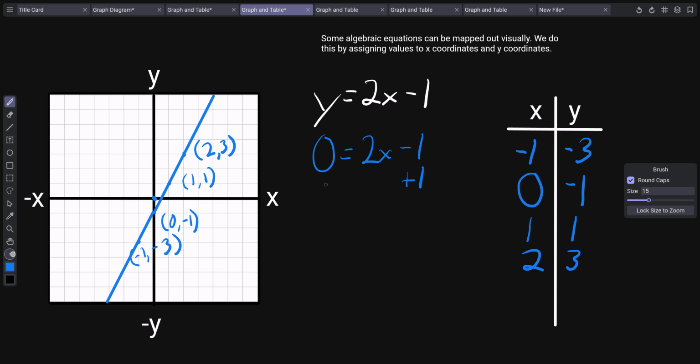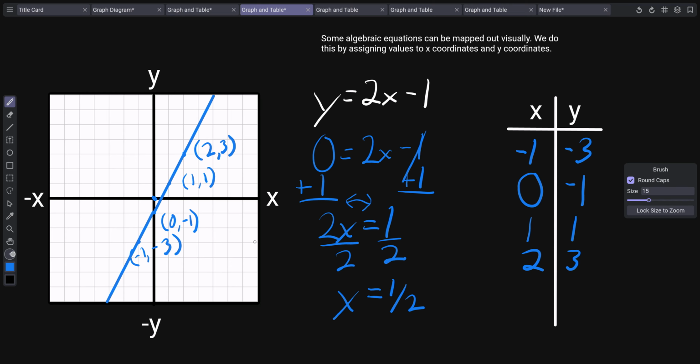So I'm going to add 1 on both sides. These cancel out. And I'm going to get 2x equals 1. I swap sides, so just keep that in mind. That might have been a little confusing, but just know that I swapped the sides. And then finally, I would divide by 2 on both sides. And then this would give me x equals 1/2.